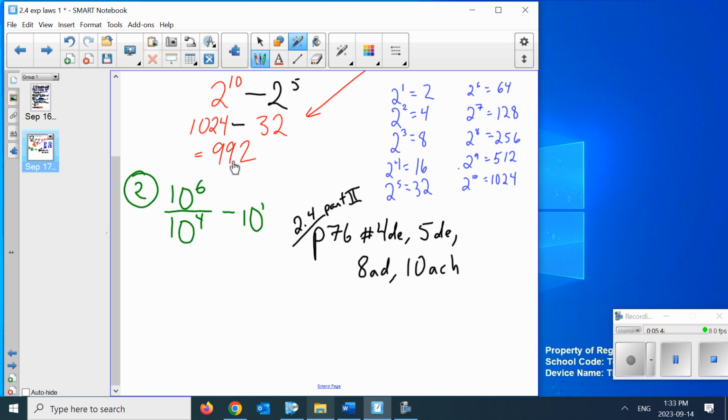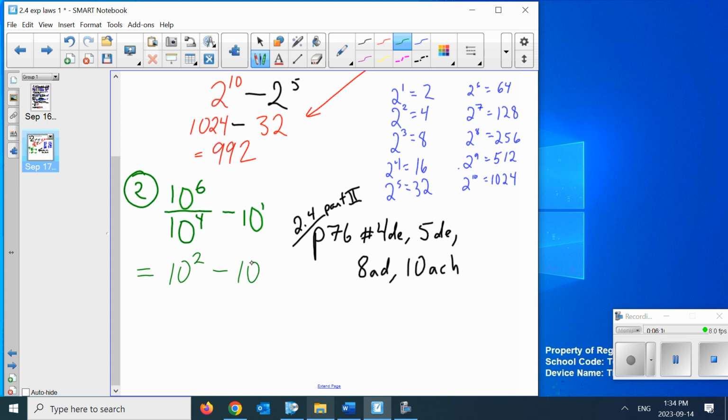But we don't have anything to do for subtraction or add. So I'm going to rewrite this as 10 squared, because 6 minus 4. Now, this is kind of screwy though, because if you're saying brackets, exponents first, it still works. This is sort of an exception.